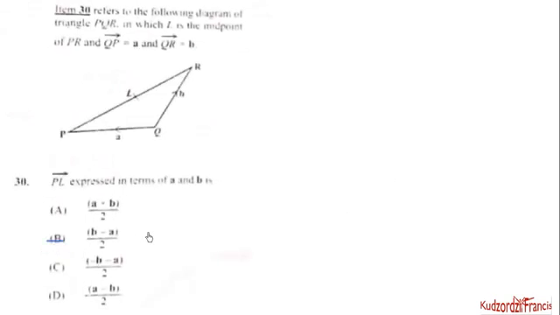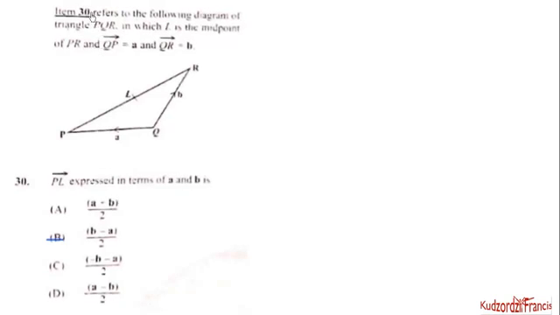Now let's look at the 30th item. It refers to the following diagram of triangle PQR, in which L is the midpoint of PR. QP is equal to A and QR is equal to B. Vector PL expressed in terms of A and B is.